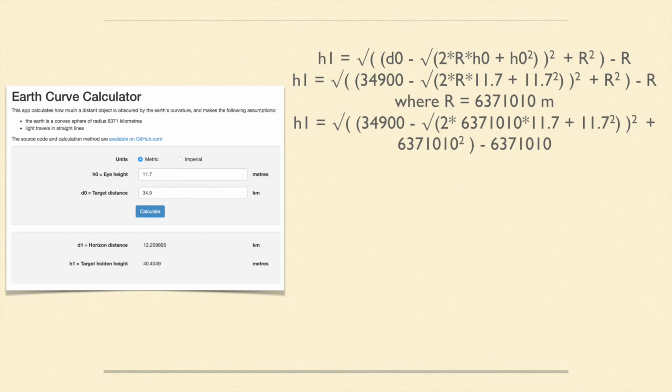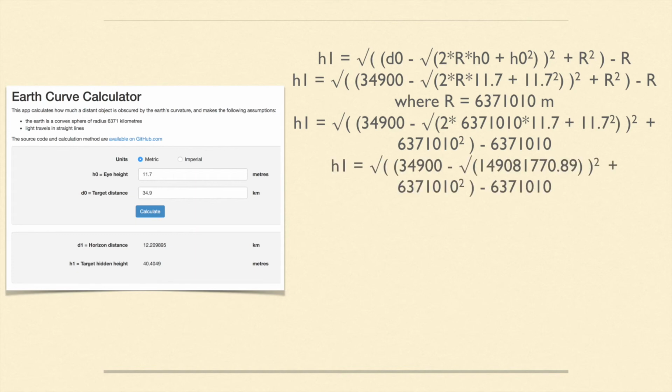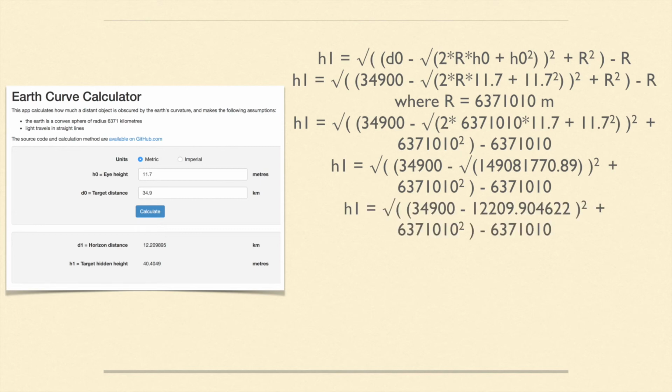So when I also substitute the R in the equation, it will look like this. And I can calculate further by calculating what is inside the square root. And I can also take the square root of that number, of the first square root. So now I've calculated this value and I've taken this square root. I end up with this.